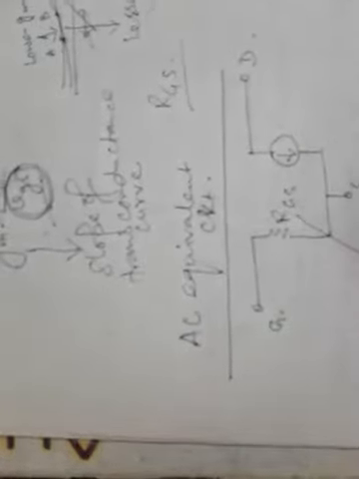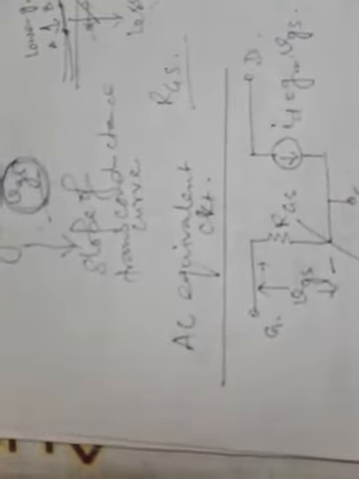Between gate and source, this RGS is of very high value, and this is a current source having value small id given by Gm into VGS. Between these two, gate and source, the voltage that is measured is small VGS. So this is the AC equivalent circuit for JFET. We can use this circuit for the explanation of MOSFET also.